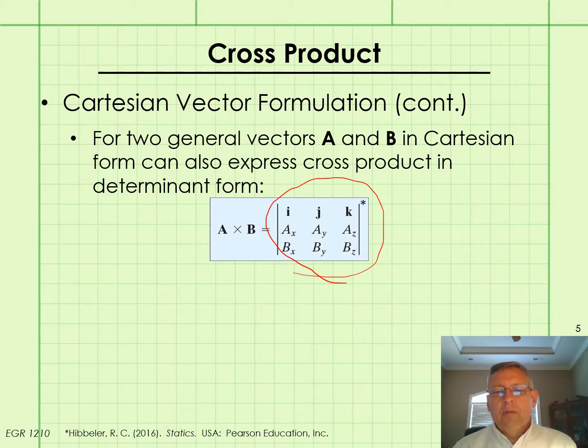In other words, we're always going to put I, j, and k in the first row. And if we're crossing A into B, A needs to show up in the second row, B needs to show up in the third row. If we were crossing B into A, the order of A and B here would be reversed.